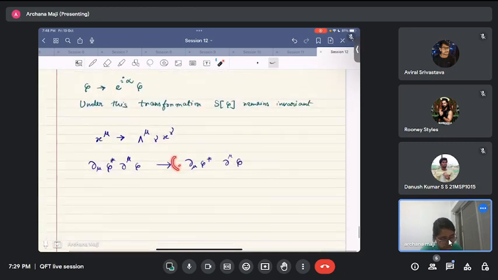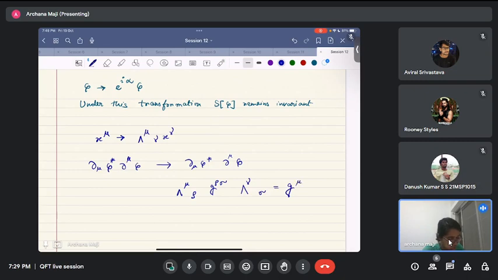That lambda just went off from here because lambda had that property: lambda mu nu g, I write rho here, lambda mu rho g rho sigma lambda mu sigma is equal to g mu nu.